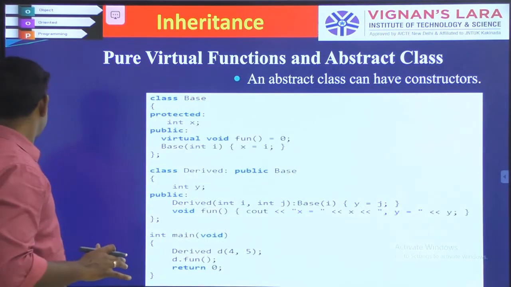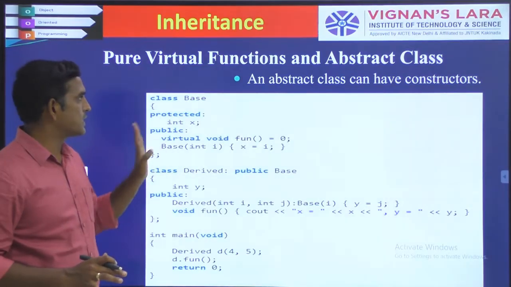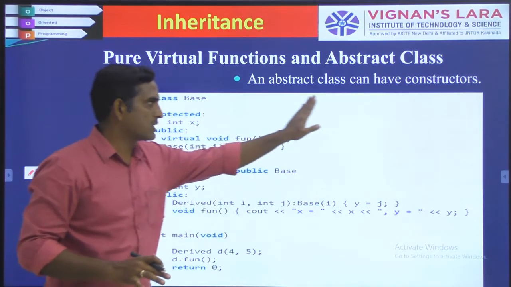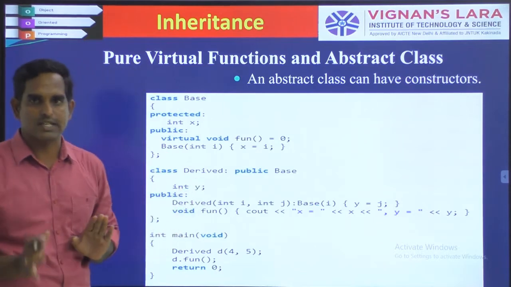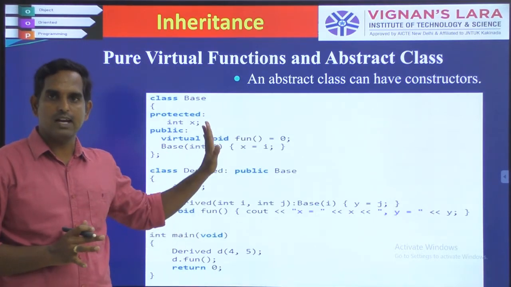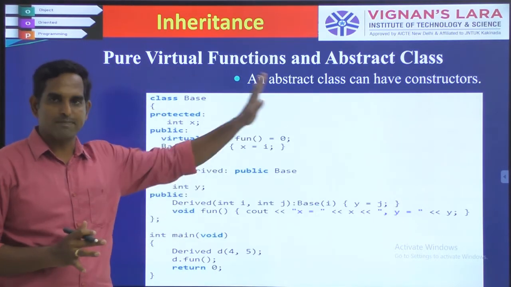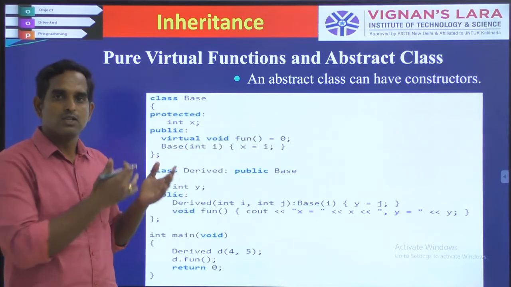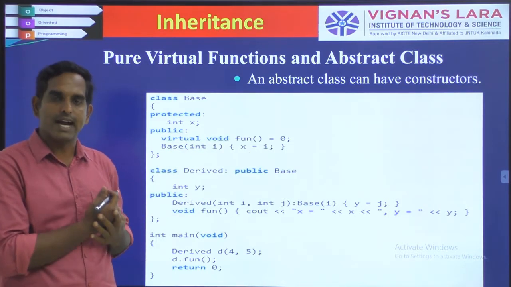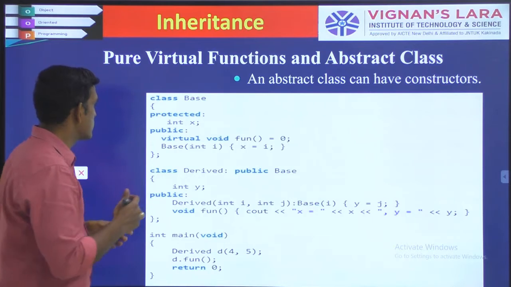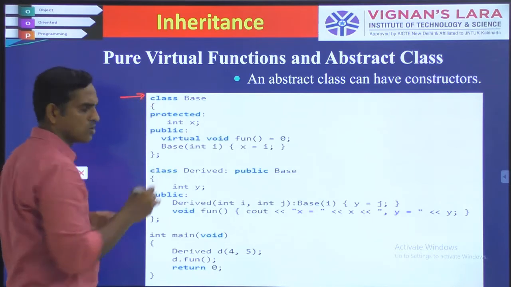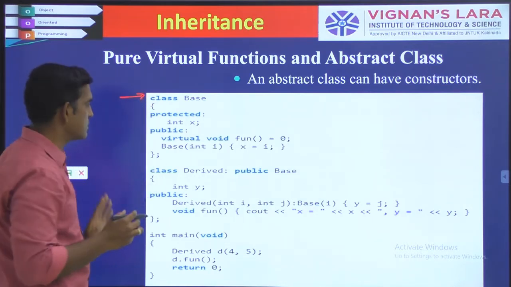The next property about your abstract class is that an abstract class can have constructors. So you have a general abstract class and you can have general constructors. How? We have the base class, which is the abstract class here.